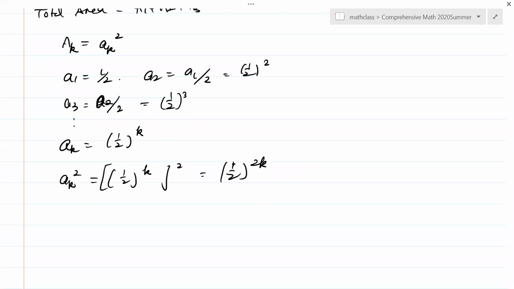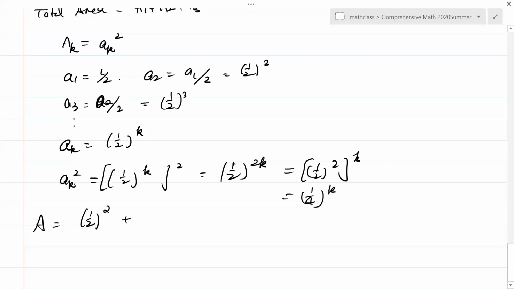All right, so the sum A is going to be a1, 2, right, and a2, because this can be written as 1/2 squared to the power k. Okay, so that's going to be 1/4 to the k. So I should write a quarter instead of 1/2 squared.